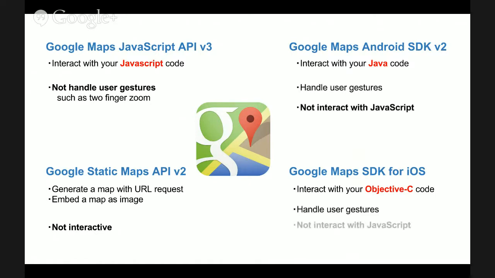Google Maps Android SDK and Google Maps SDK for iOS handle user gestures and display maps with better performance, but they don't communicate with your JavaScript code. So let me show you a demo video.